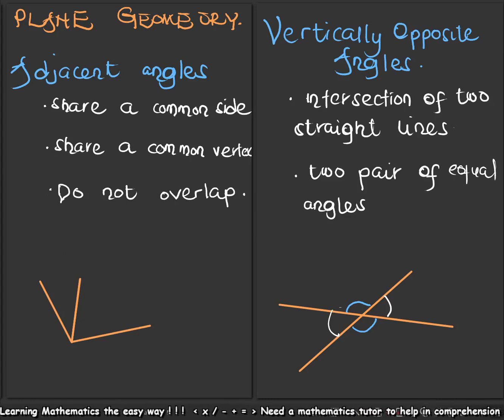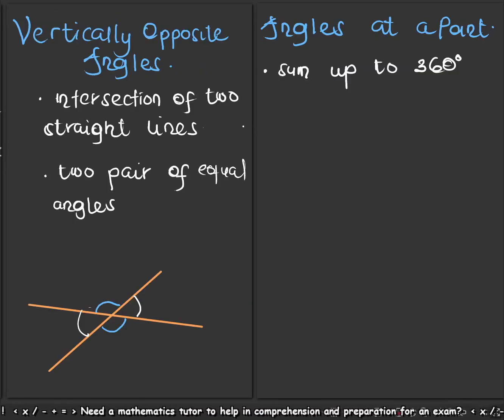The last concept I would like to introduce is angle at a point. When we talk of angles at a point, they are angles that sum up to 360. If you have several adjacent angles at one particular point, then the sum of all those adjacent angles would be 360.